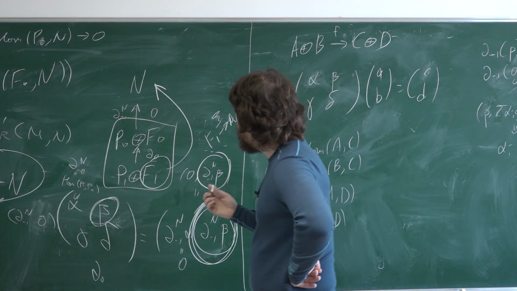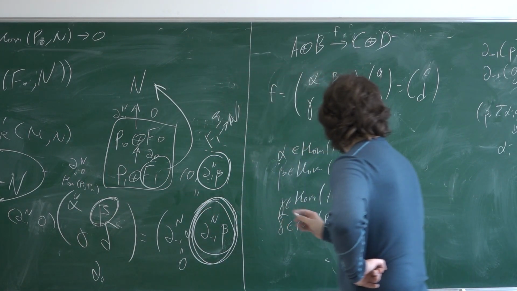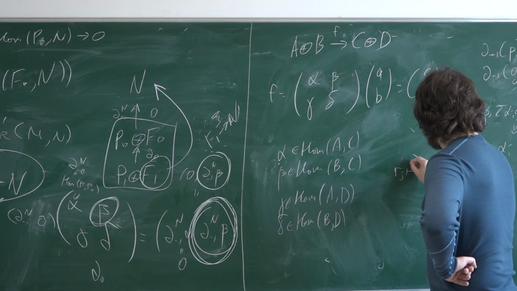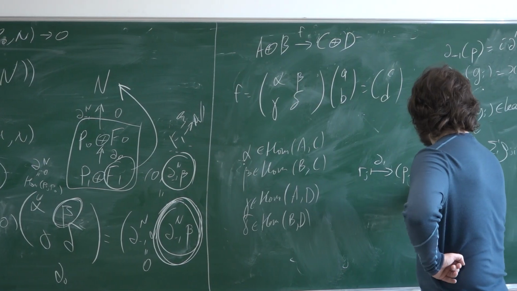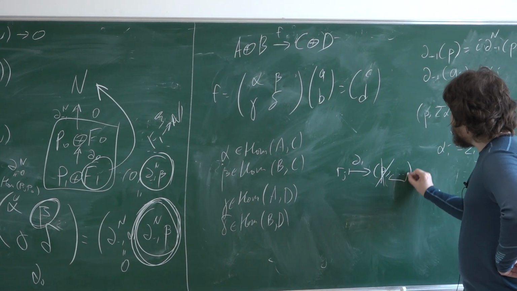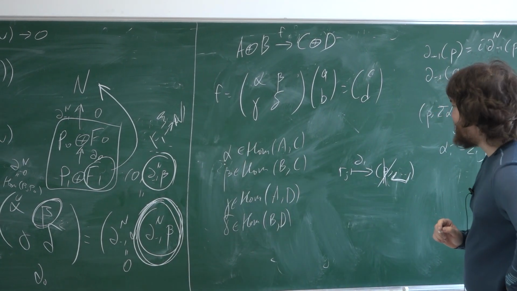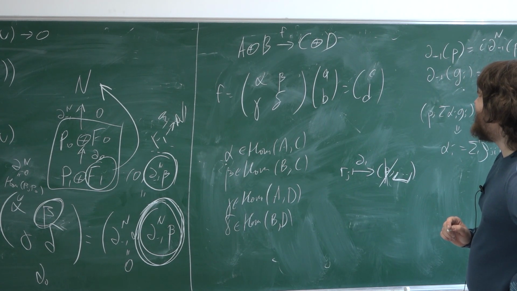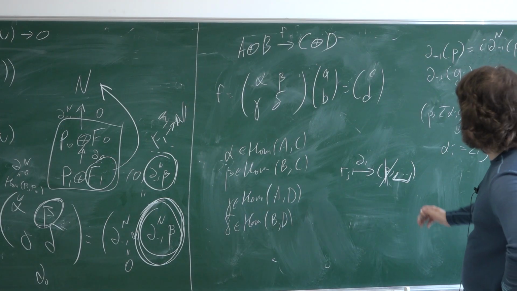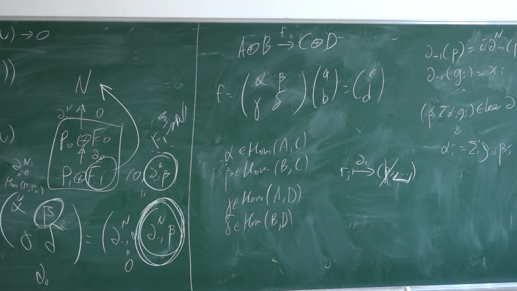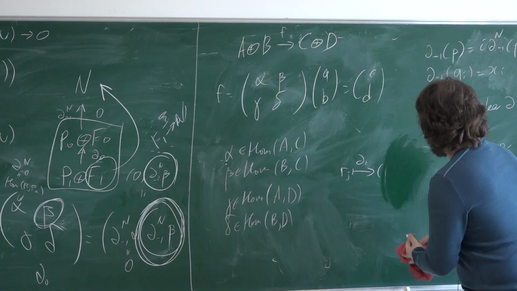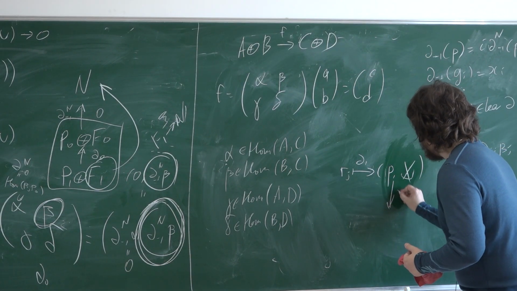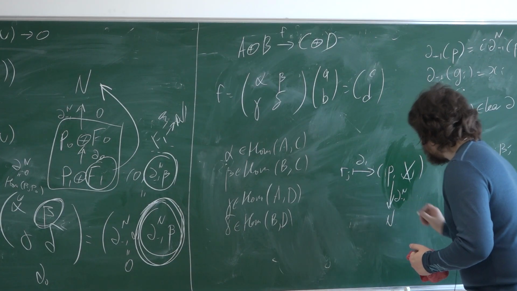This means that I consider just the element rj, and it goes from d1 to something, and then I forget this part and consider only this part, and then it goes to n.